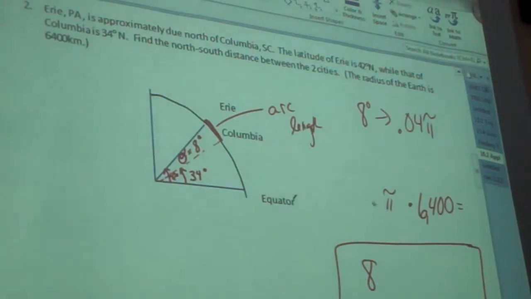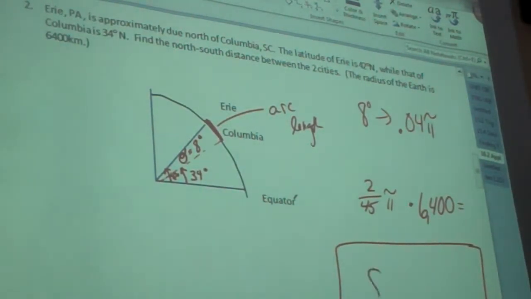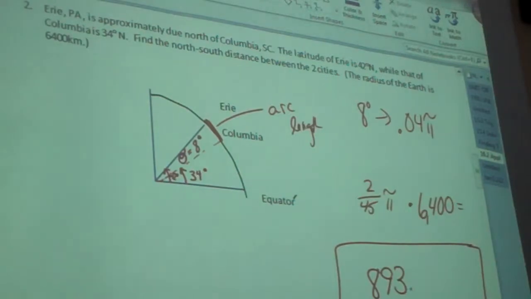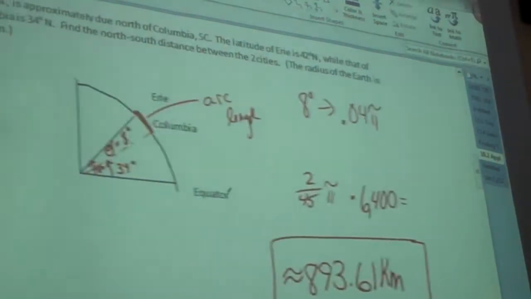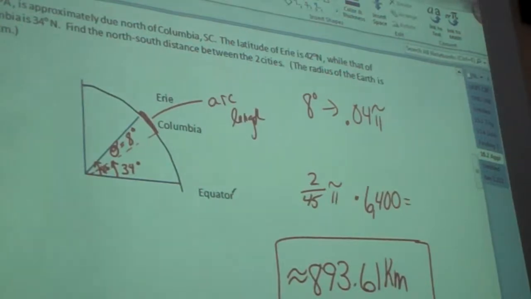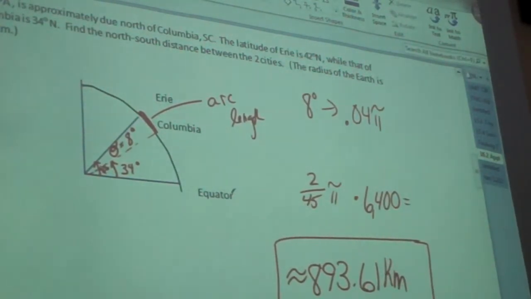Oh, wait. Do 2/45, guys. 2/45. How does that work? 0.61. Nice try, Janice. It's right there. There you go. Why is it 5 digits?